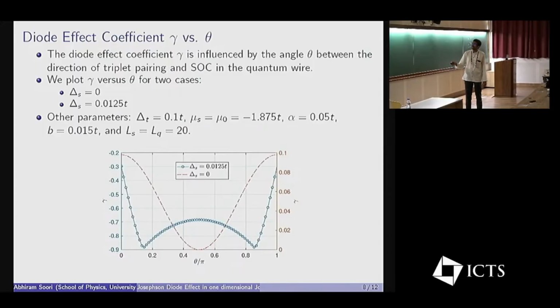So you see that as a function of theta, this is the dependence. And interestingly, when the singlet pairing is exactly 0, for theta equal to pi by 2, the Josephson diode effect is absent. That is because the pairing is simply up down plus down up, and by the argument that I gave earlier, upspin electron mixes with downspin hole, there is no Josephson diode effect.